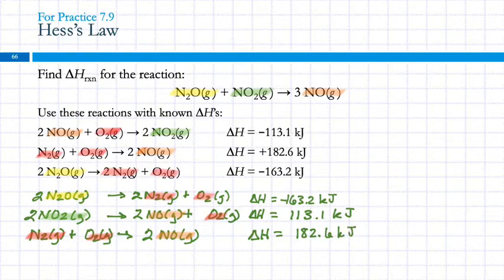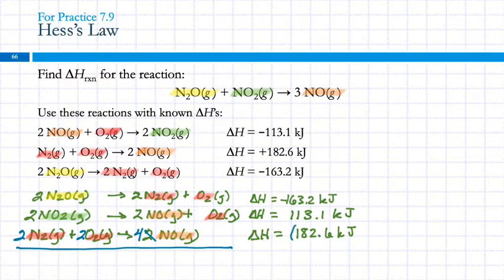Now, as I go through to add this up, I've got 2 nitrogens over here and 1 nitrogen over here. Are those going to cancel? No. I need to multiply this bottom equation by 2. So 2 of those and 2 of these and 4 of those.